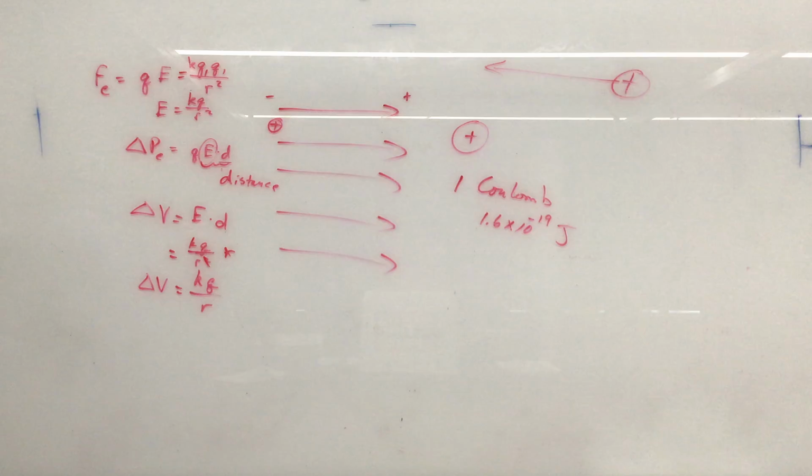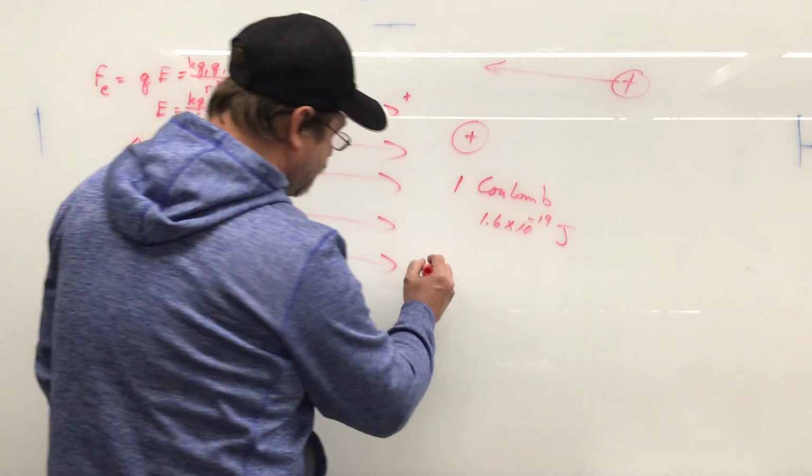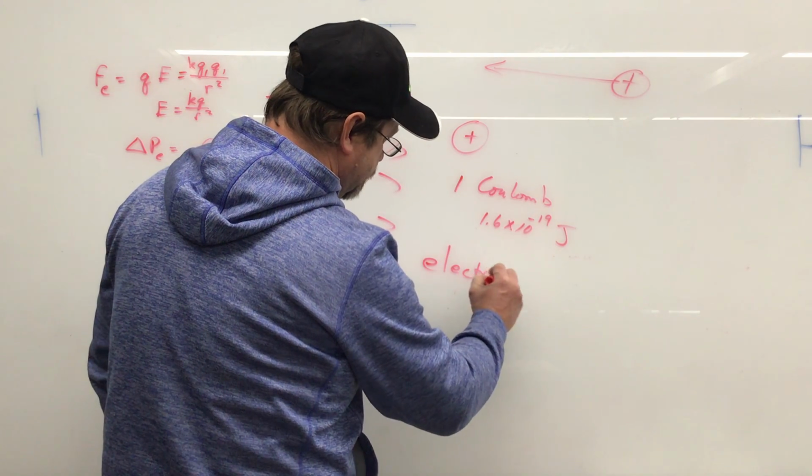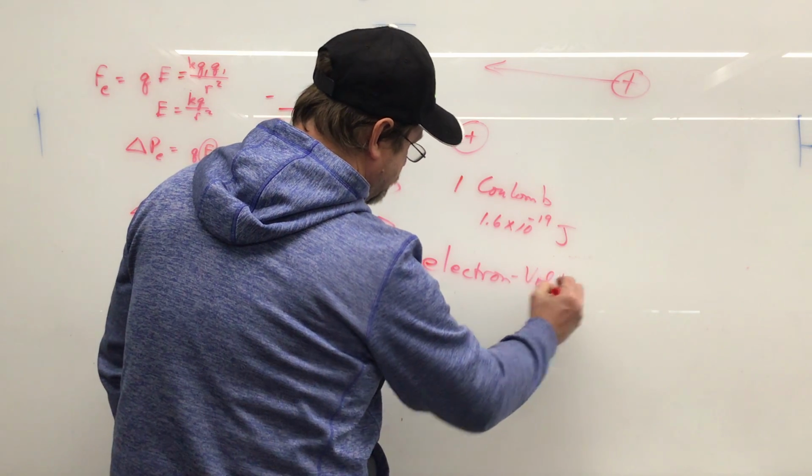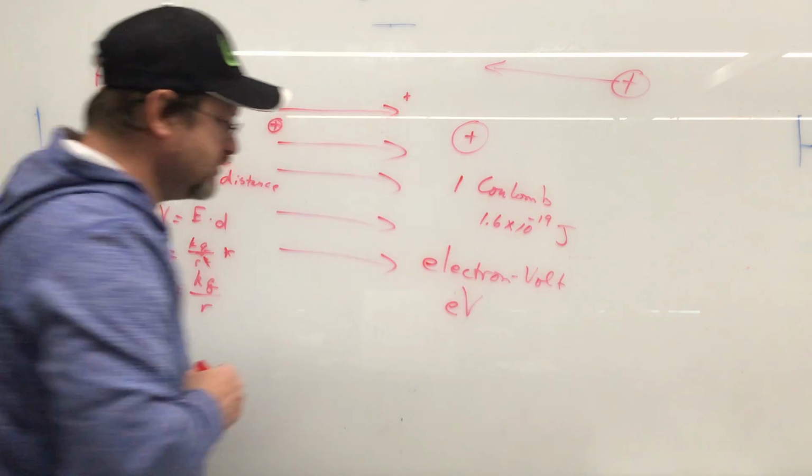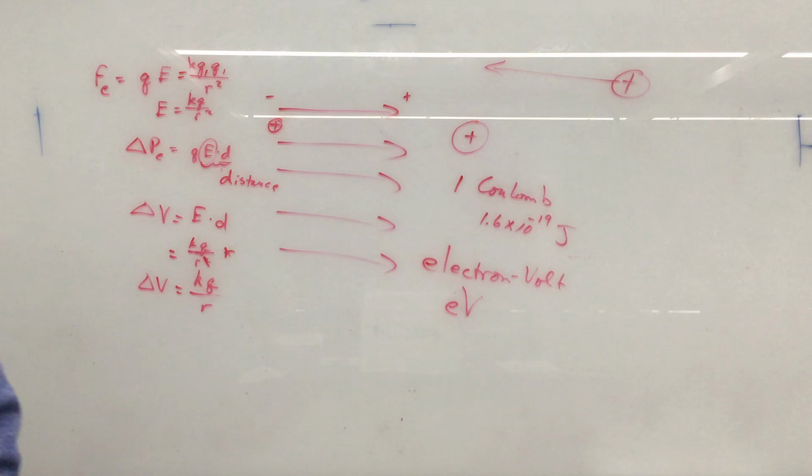So the unit of an electron volt is defined. Usually that's just written like this. And that is the kinetic energy that an electron gains when accelerated through a potential difference of 1 volt.